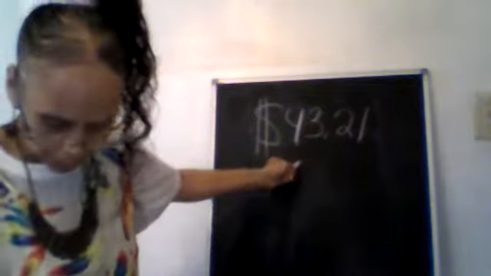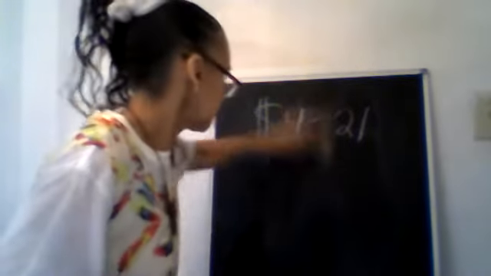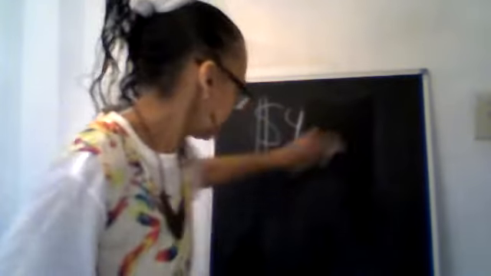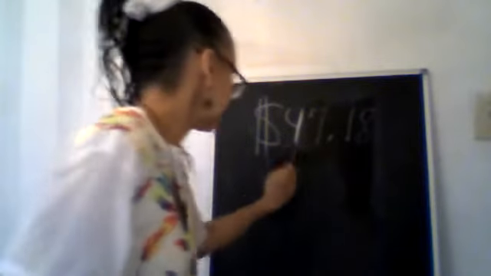No, they have it wrong. They got 43.21, but they got 47 at the bottom. So that's going to have to be over like that. 47 at the top. 47.18 and 43.21.